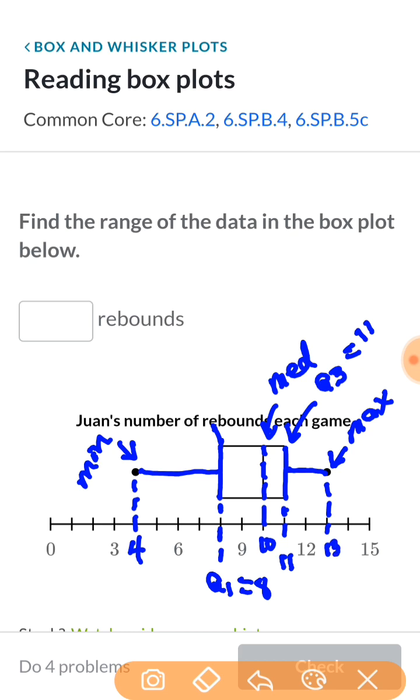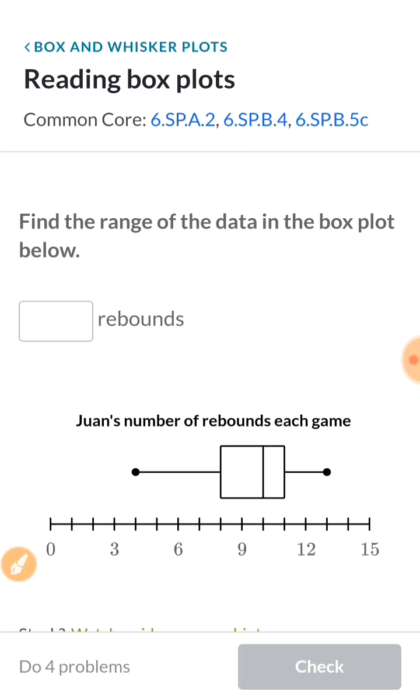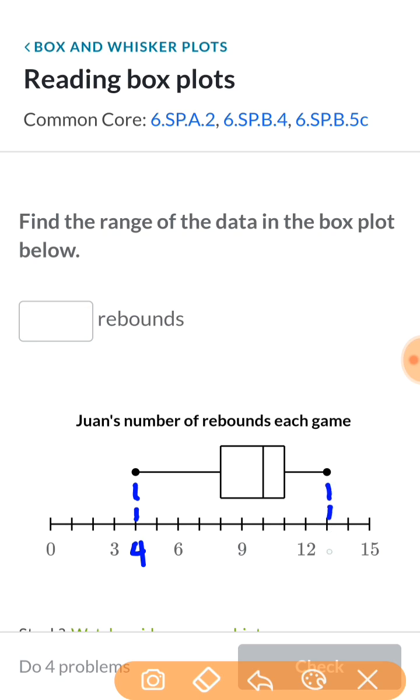So now that we've done that, let's use that to answer the different questions that are given. So find the range of the data in the box plot. Well, we've already discovered that the minimum is here, which is 4, and the maximum is here, which is 13.